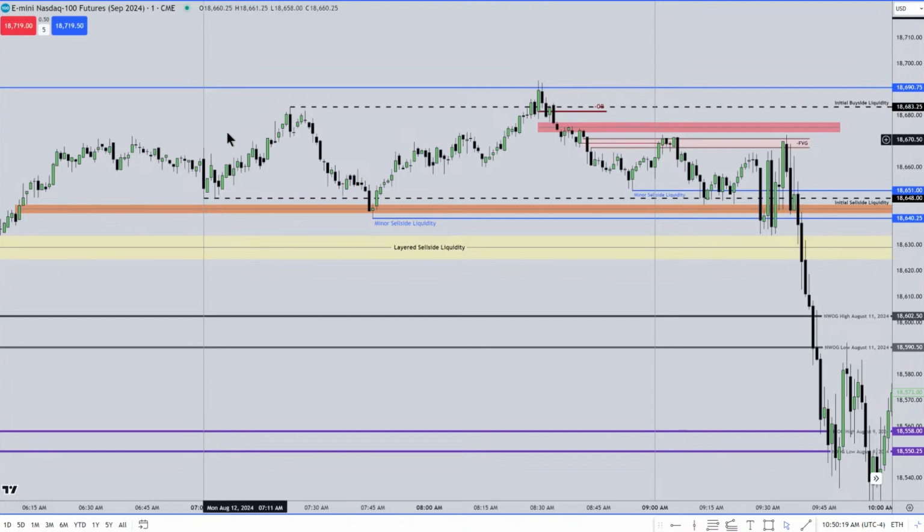If we are starting at 7 o'clock here, and we have the new week opening gap for this particular week of trading, which forms on August 11th, Sunday's opening price relative to Friday's closing price, if we're above that, that's one checkbox that is likely to displace and move and deliver sell-side delivery.